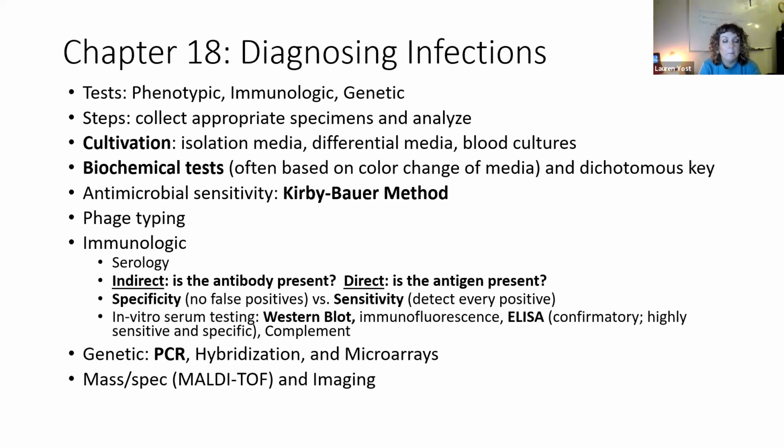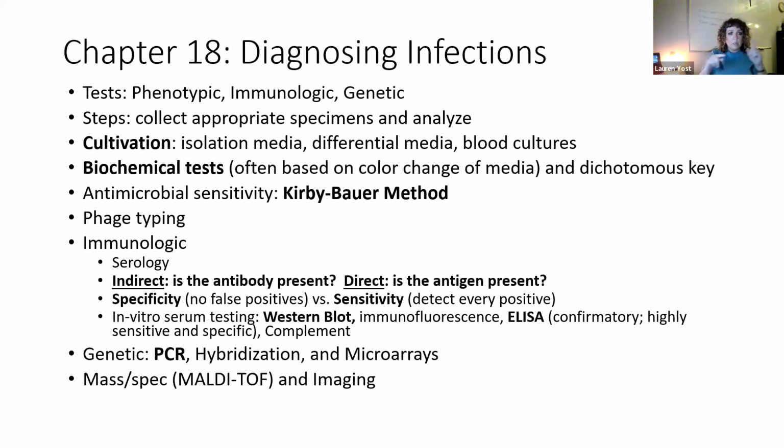Okay, biochemical tests. Again, your organism will be able to metabolize certain molecules. That's probably going to be different from other organisms and what they can metabolize. Based on your results from certain biochemical tests, you can compare those to a dichotomous key or something similar, like a computer program made to analyze a large array of biochemical tests that you can do all at once, that you put into the little bubble system, and it changes color or not.